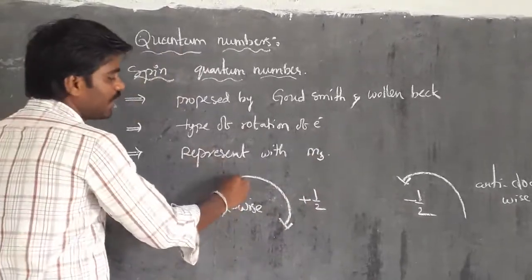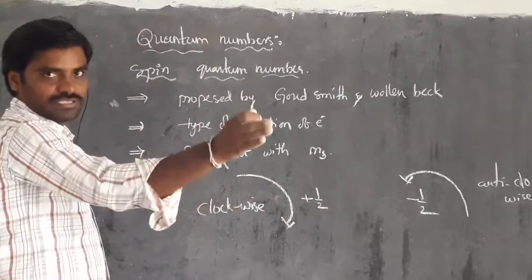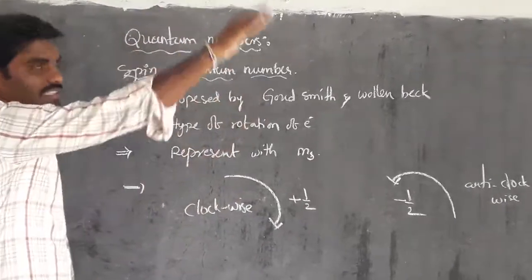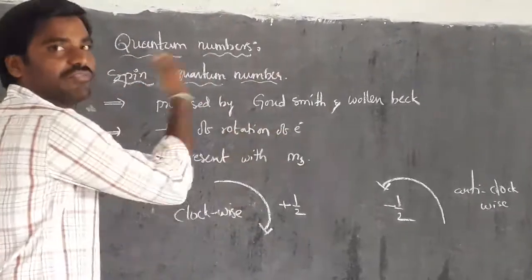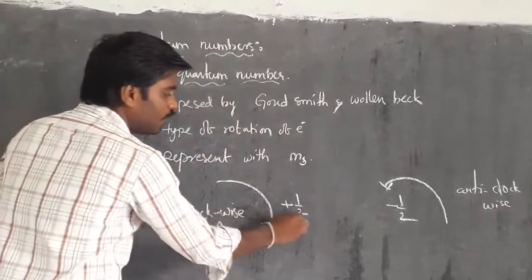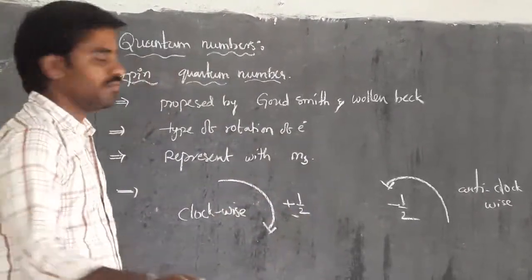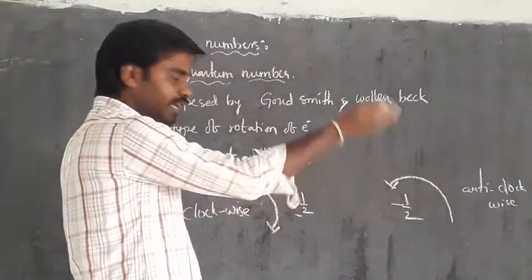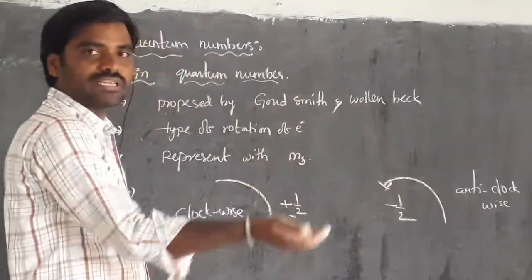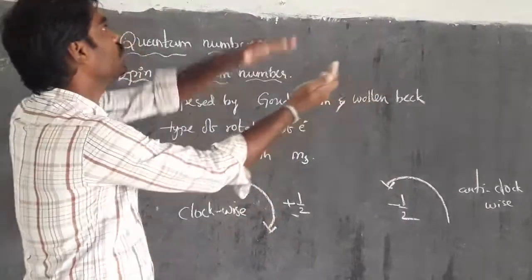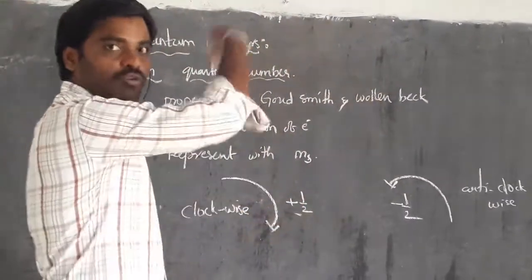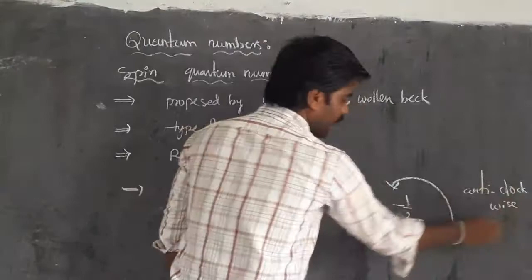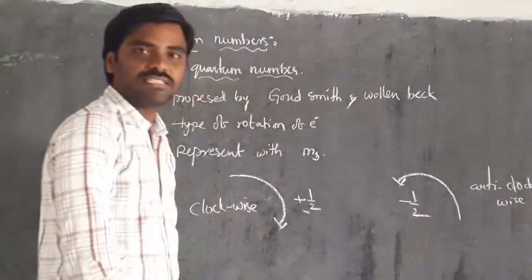If the electron is rotating clockwise, the value of spin is plus half. If the electron is rotating anti-clockwise, the value is minus half.